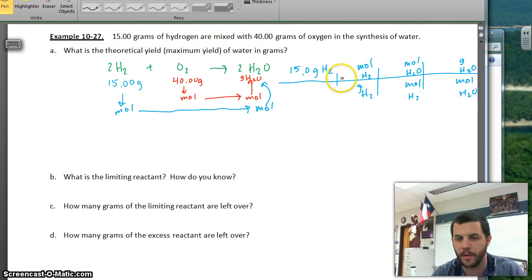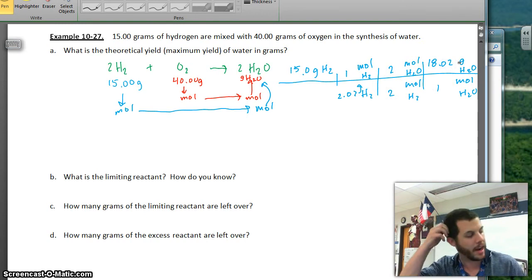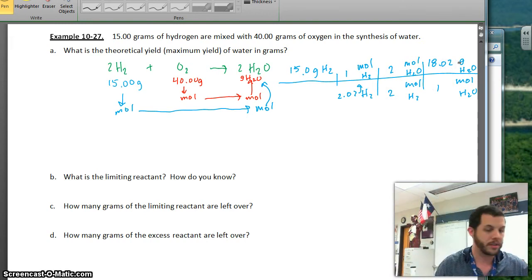And let's go ahead and plug in what we know. So I know 1 mole is 2.02 grams. My mole to mole ratio is actually 2 to 2. And 1 mole of water is 18.02 grams. So let's type this into our calculator. I get 15 times 2 times 18.02 divided by, open parentheses, 2.02 times 2, close parentheses.